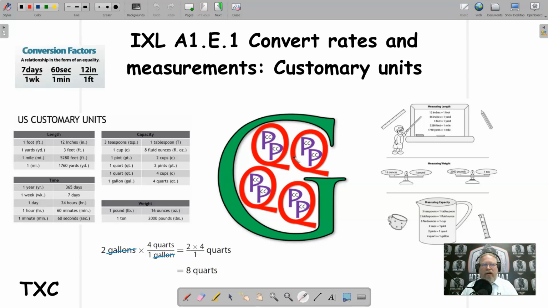Now, you could find these graphic organizers online. I just typed in customary unit conversions, or maybe gallons to pints or something like that. If you do an image search on it, you'll find a lot of these. This one over here, US customary units. The one here in the middle with the big G and the quarts and the pints and the cups.